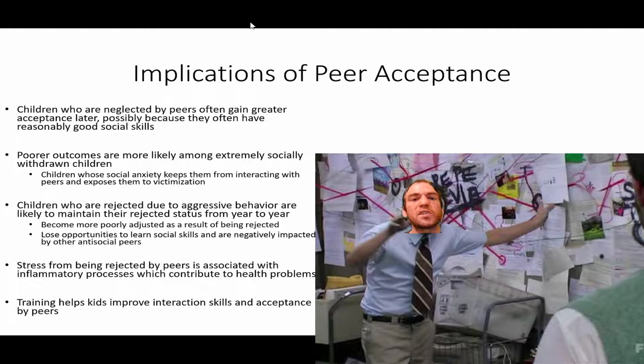And this stress over time is associated with a higher risk of poor developmental outcomes and health outcomes. However, some training programs have been found that target interaction skills to increase acceptance by peers and increases in social opportunities.